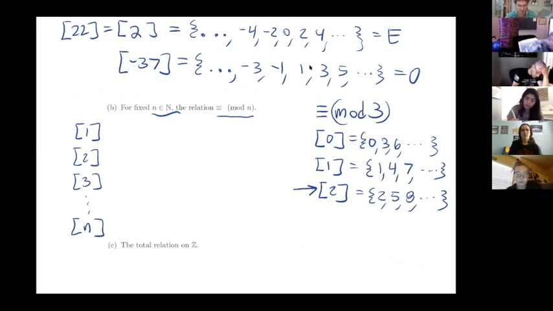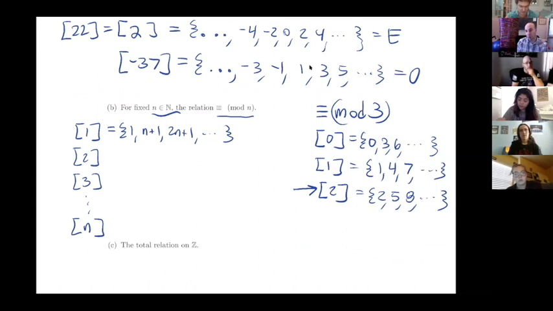And if you don't want to pick 0 as one of them. And so here, this would be the set of all things that are one more than a multiple of n, and so on.